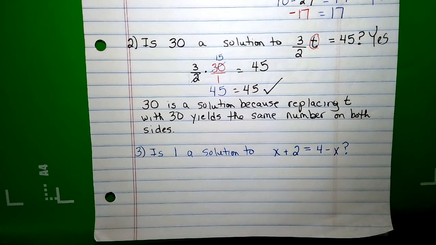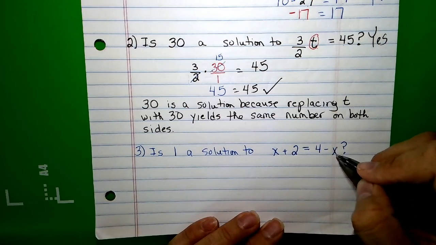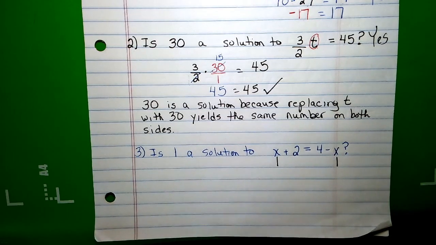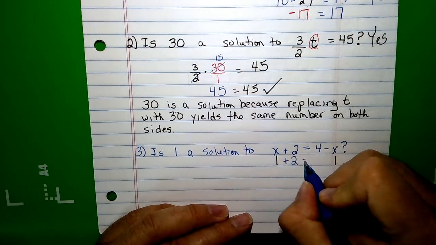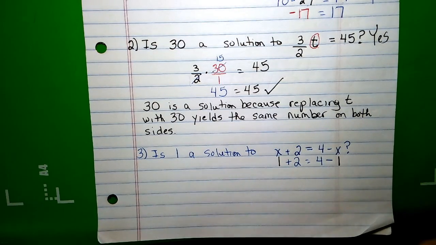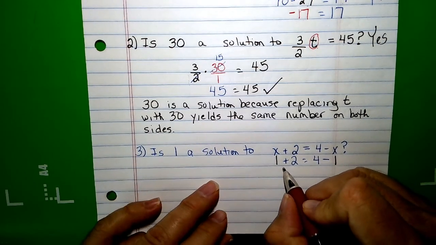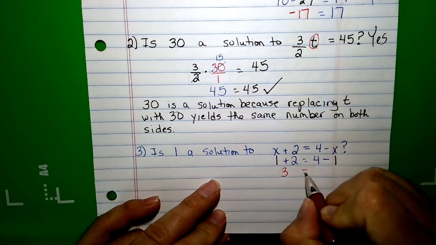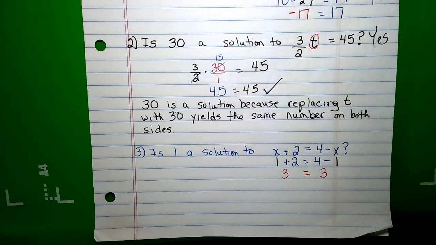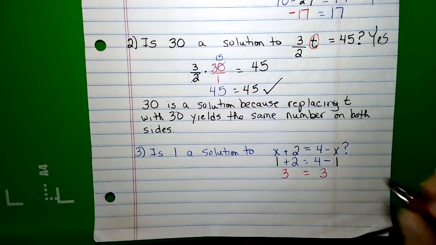Is 1 a solution? Well, this one's a little bit more involved because we have 2 different x's. Let's replace both of those with a 1. This is a good example. Are we getting the same number on both sides? 1 plus 2 equals 4 minus 1. Is this a yes or a no? Yes, it is a solution.